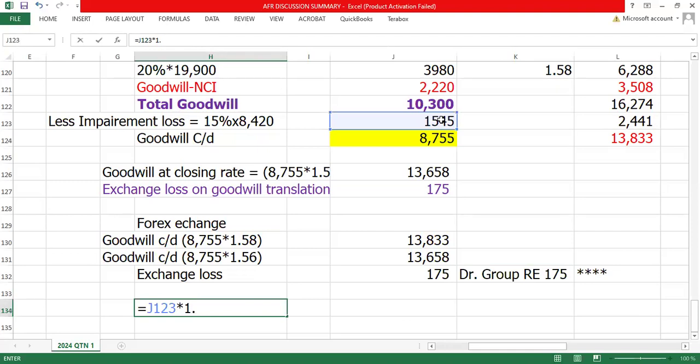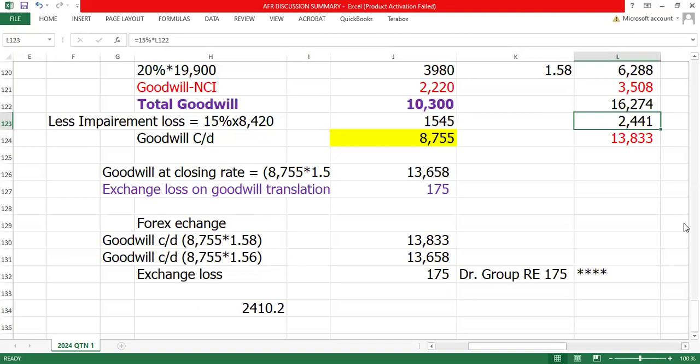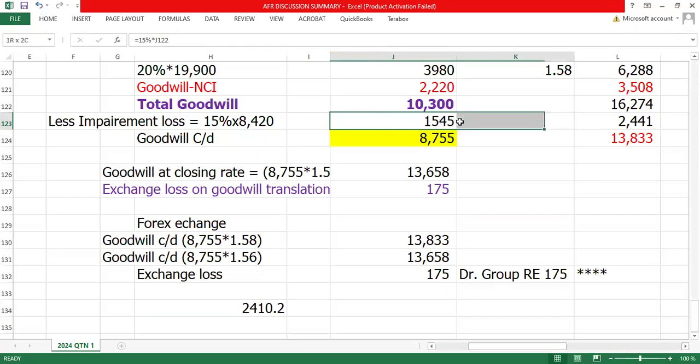If you get this times 1.56, do you get the same answer? I think it is almost in line, because this impairment loss should be translated at the closing rate, at the impairment date.